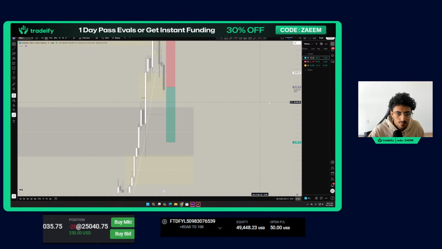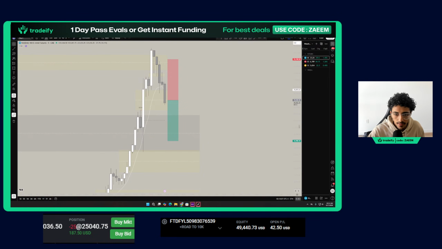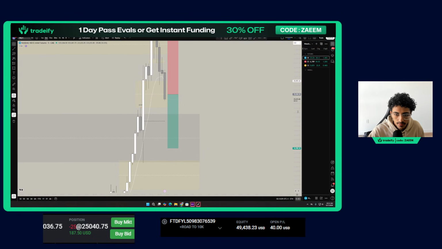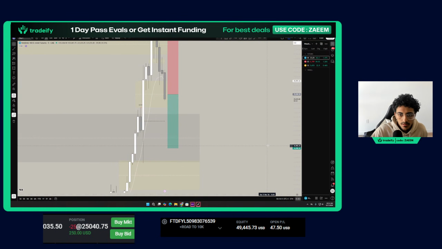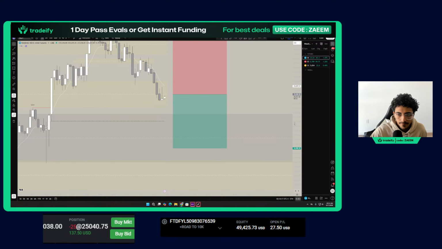Let's see. Now we can zoom out on the 5-minute. See y'all, I'm really liking the displacement to the downside, y'all. I'm really liking it. This 1 minute low, if you get it, most likely I'll go break even around here. 30 points.